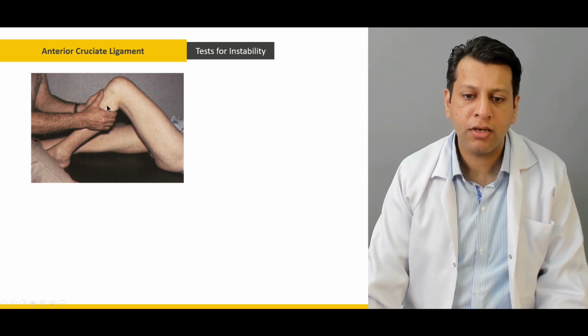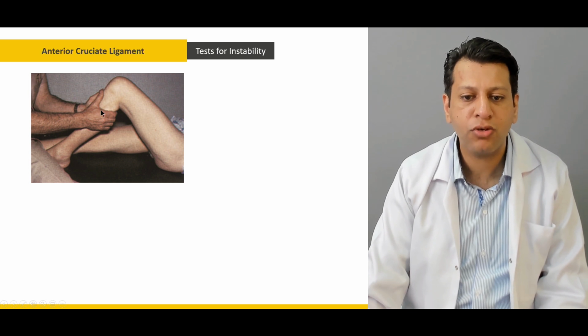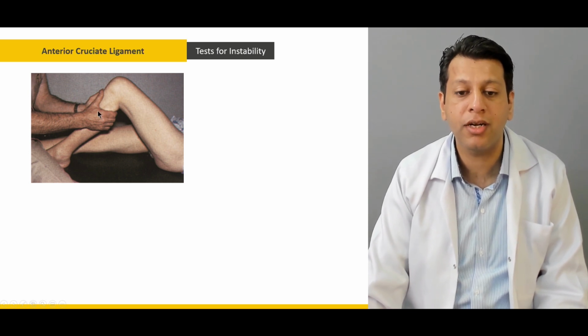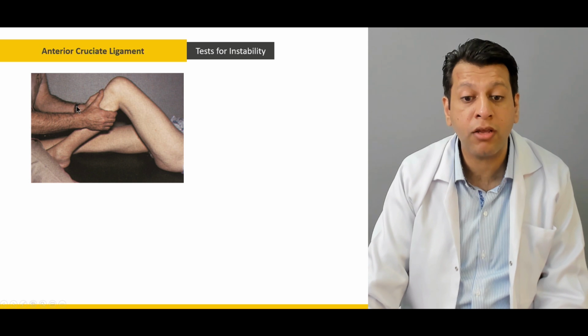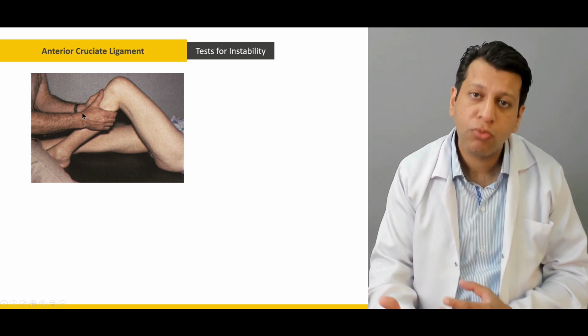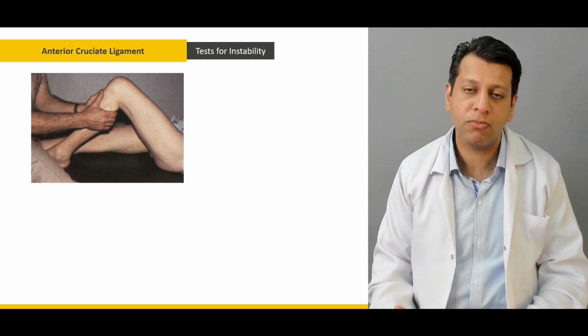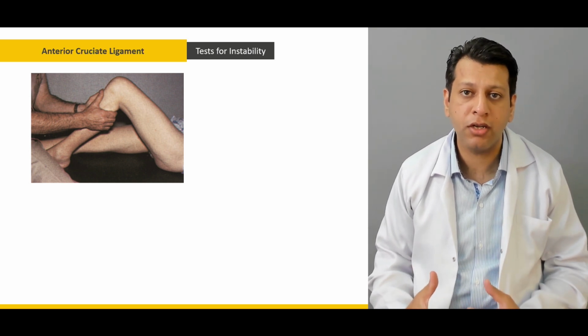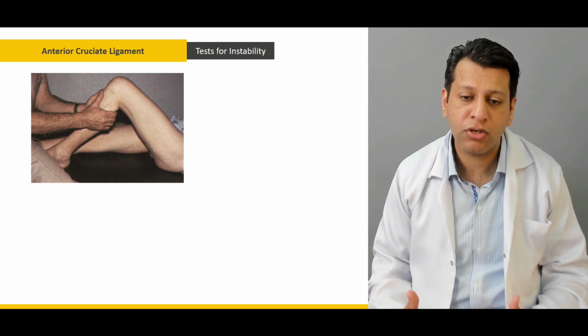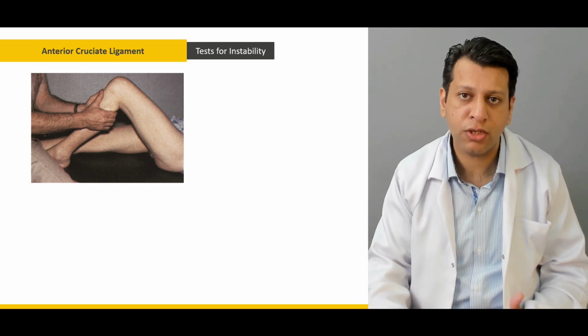After relaxation of the muscle, you push the tibia towards you, that is, push the tibia more anteriorly. If there is ACL injury, this will result in a gross translation of the tibia anteriorly. And this is pathognomonic, but you have to compare it to the other side as well.